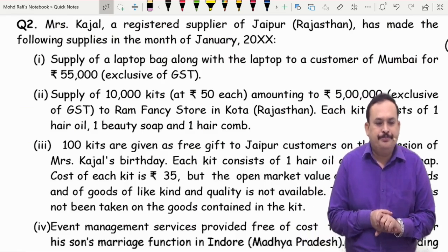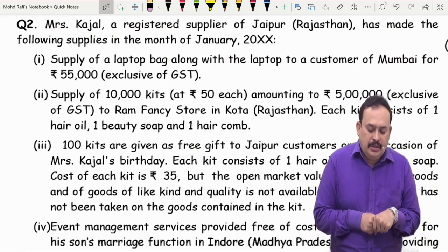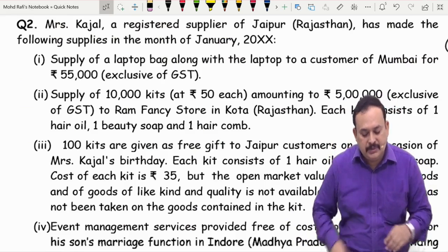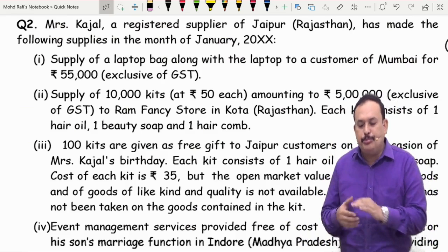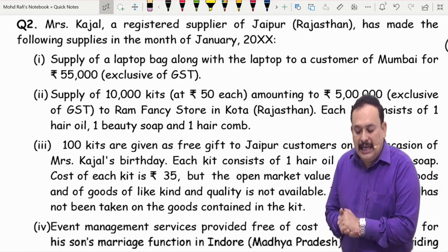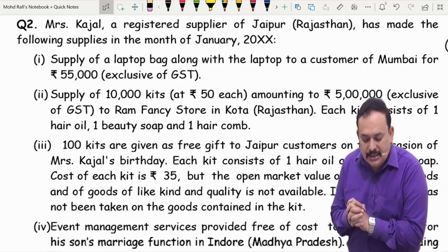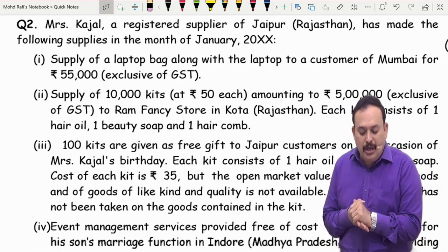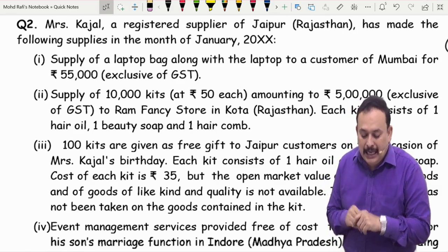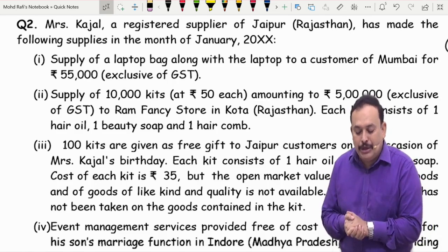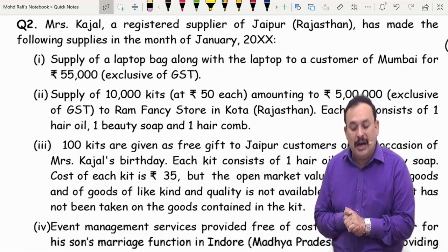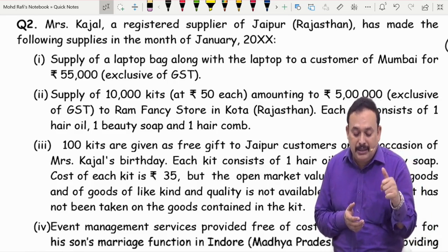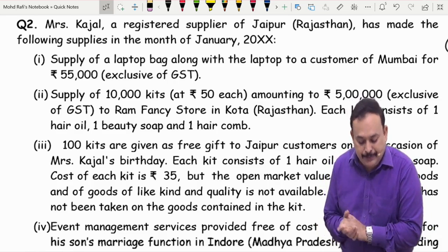Question number 2. Mrs. Kajal, a registered supplier of Jaipur, Rajasthan, has made the following supplies in the month of January. 1. Supply of laptop bag along with the laptop to a consumer of Mumbai for 55,000 exclusive of GST. 2.